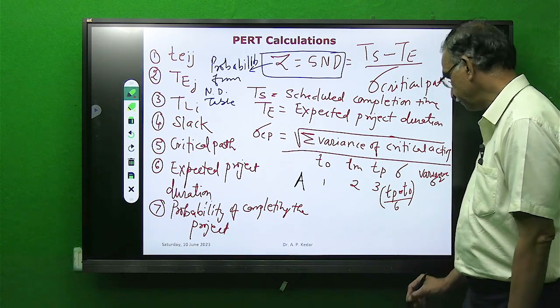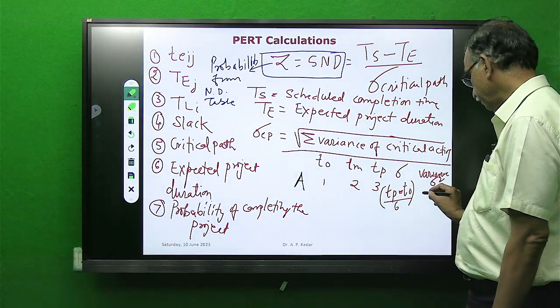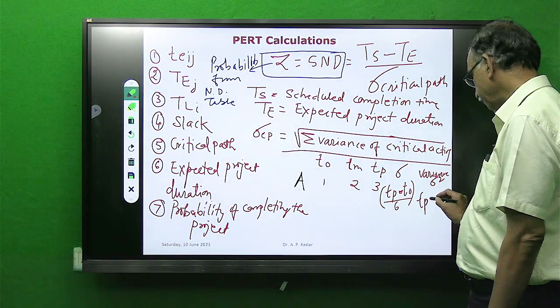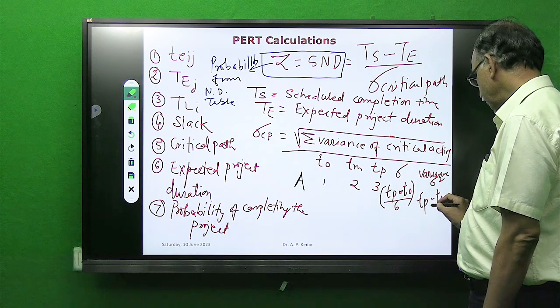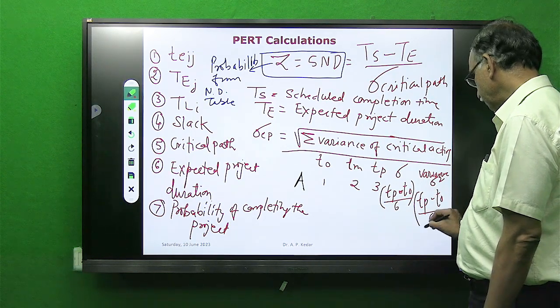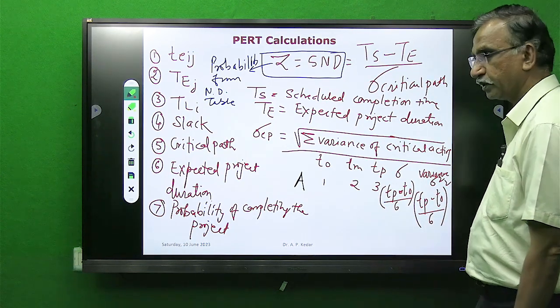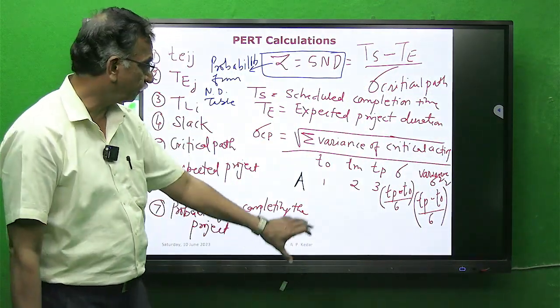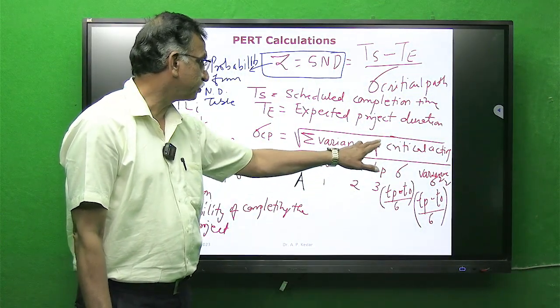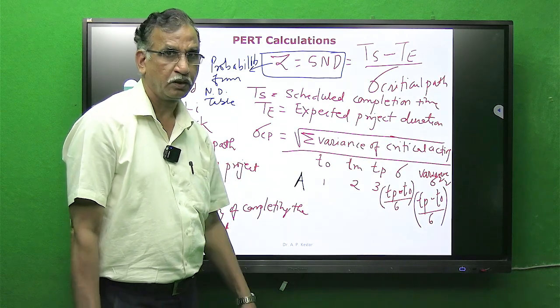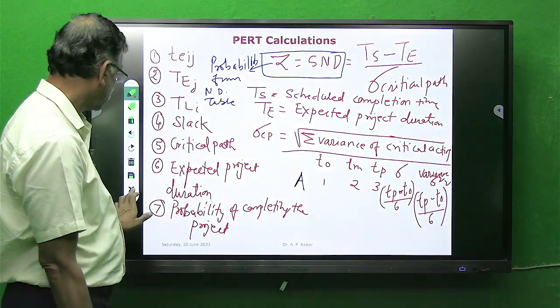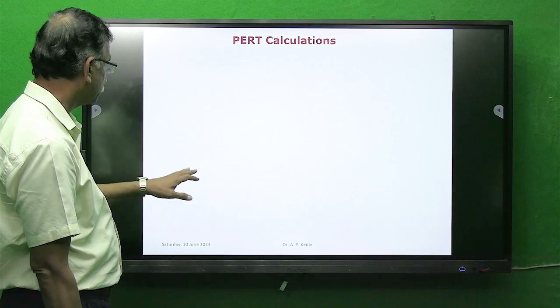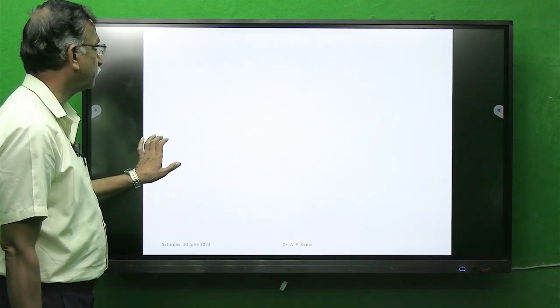Keep that in mind. And variance is TP minus TO by 6 whole square of standard deviation, and we will add it for the values of critical path. So once we know this logic required, let's move ahead.